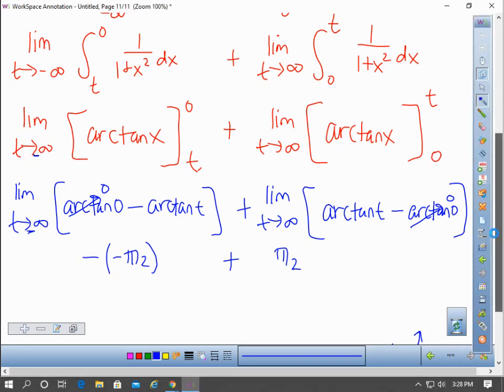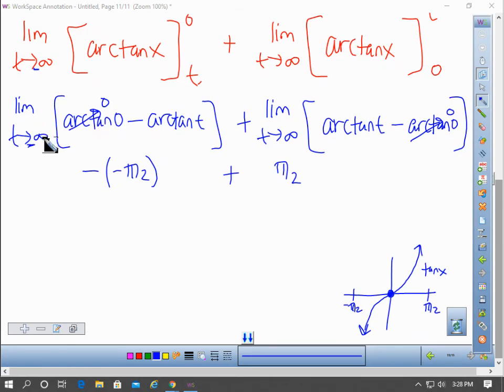If I plug negative infinity into this arctan right here, we're thinking where is the tangent value going to negative infinity? Here is the tangent curve, and we only do the range from negative pi over 2 to positive pi over 2. So where is it going to negative infinity? That's at negative pi over 2. So I'm doing the negative of negative pi over 2.